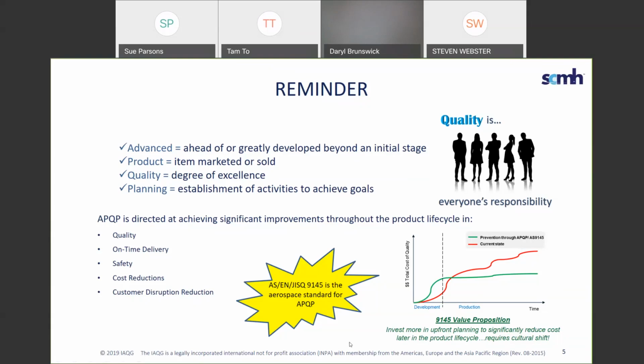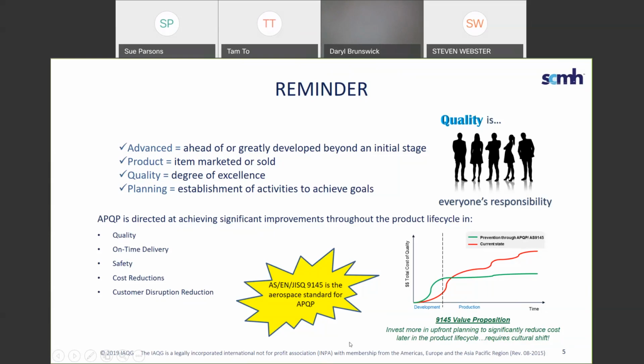The quality is a key component, the degree of excellence or how good and effective the activities are. It does not mean that the quality function is the only function that's involved or owns APQP in its entirety. On the contrary, it requires that cross-functional representation is taken into account and spans the entire product life cycle.